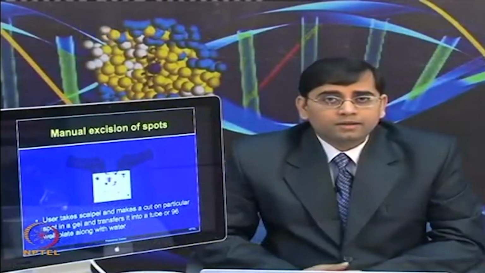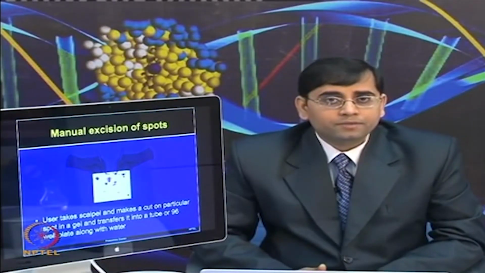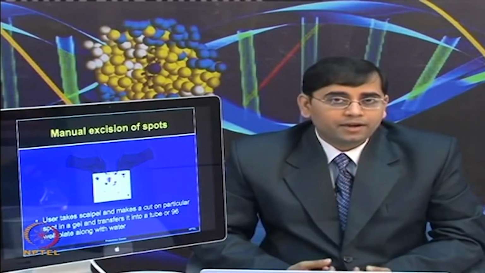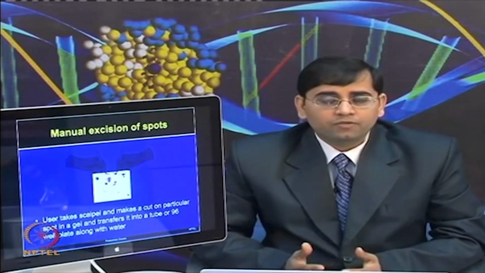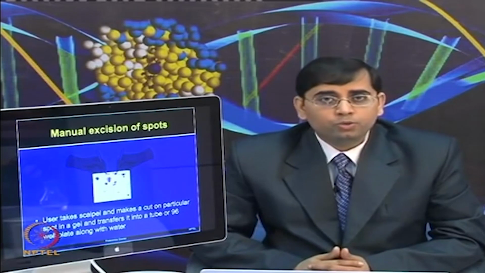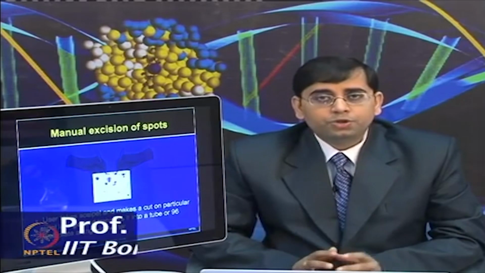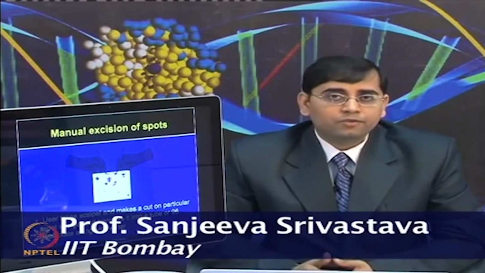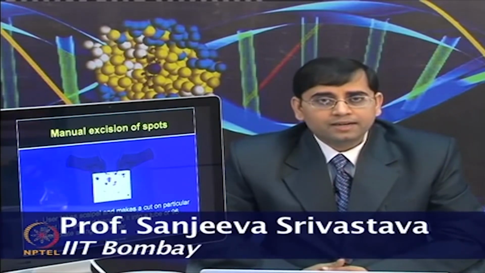You are using sterile scalpels, and the glass plate on which you keep the gels is also very clean. You do not want to introduce any contamination, such as hair, particles from your gloves, or any other dust available in the environment. Preferably do these steps in sterile conditions in a laminar hood. By doing that, you should be able to pick up the spots of your interest and transfer them into the 96 well plate, which can then be used for other steps such as in-gel digestion and mass spectrometry.